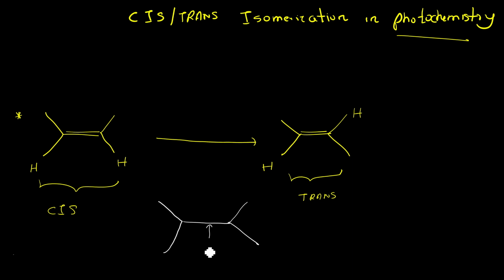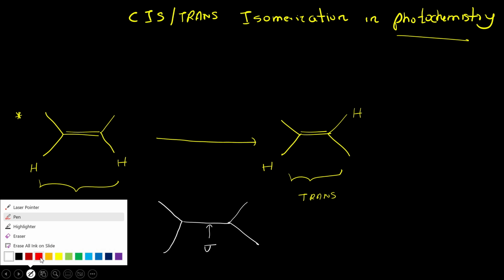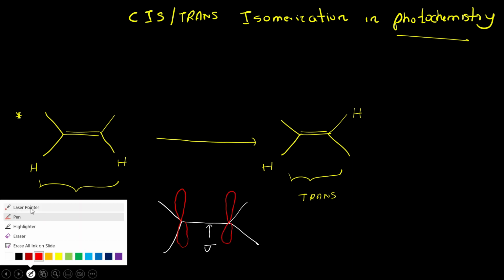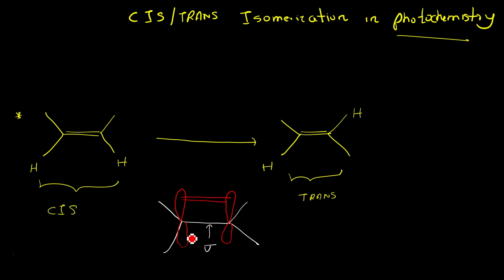I hope you know this is the sigma bond. Now there are two p orbitals. Let me draw them in red color like this. These are the two p orbitals which have interacted with each other in this manner. Okay, this is the pi bond.